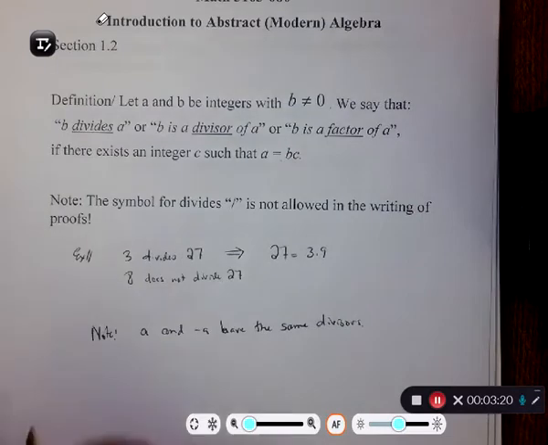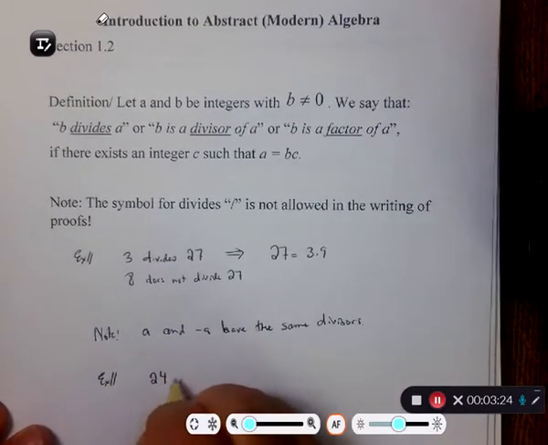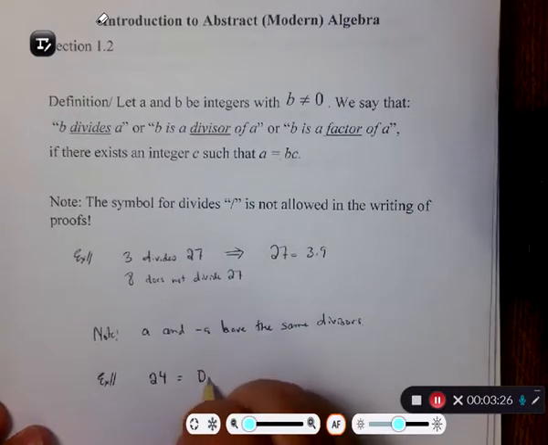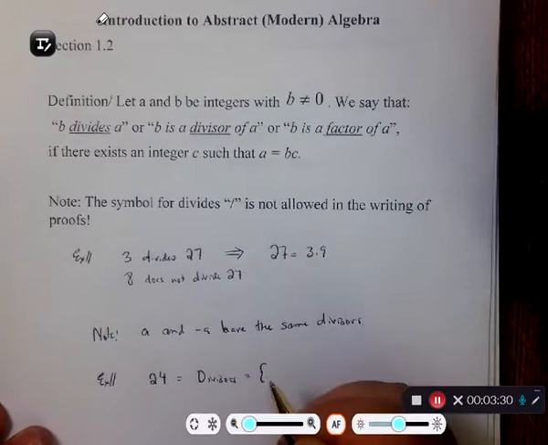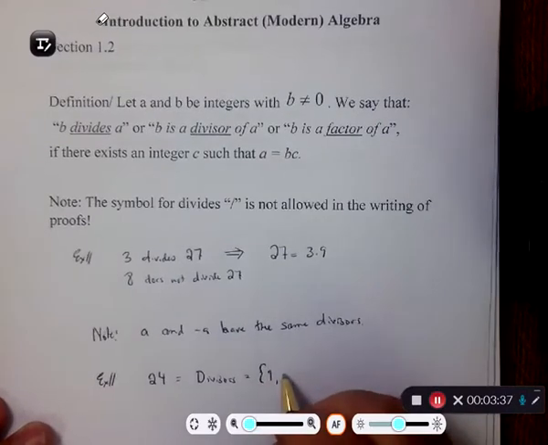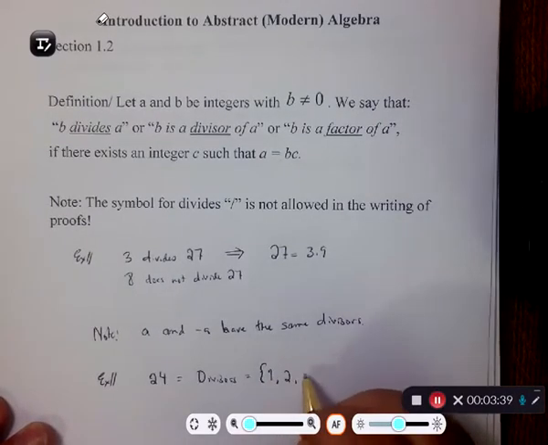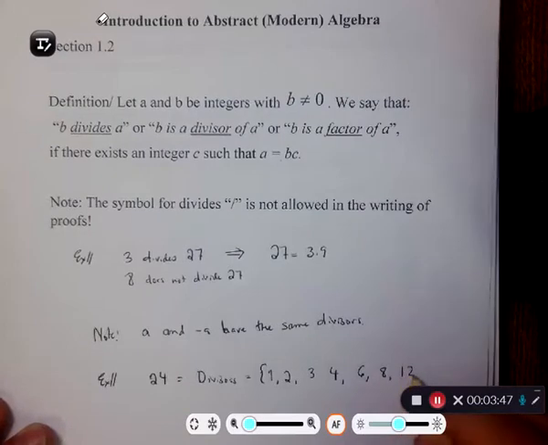So, an example here. What are the divisors of 24? The divisors are, let's see here, 1 divides 24, of course. So it's 1, 2, 3, 4, 6, 8, 12, and 24 itself.